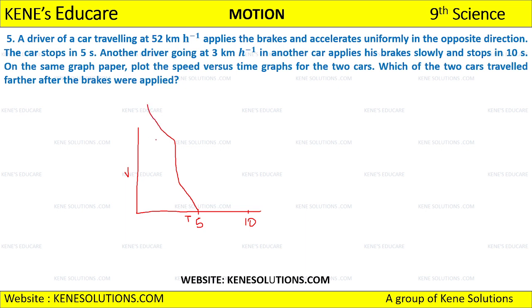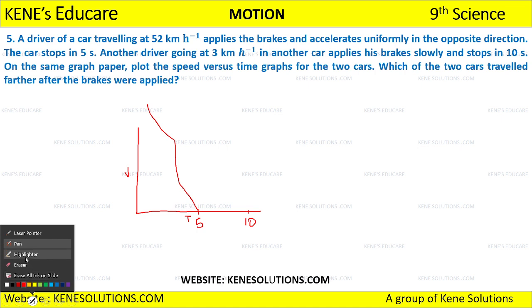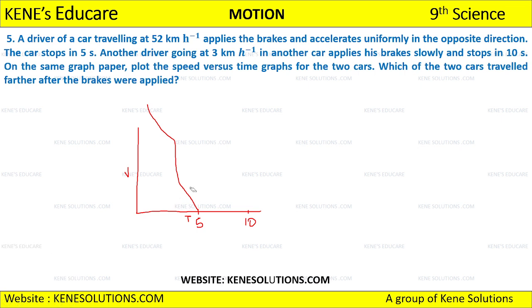It's going to be a straight line. Okay. This will be for car A. And for car B, you will get somewhat like this when you plot the graph.